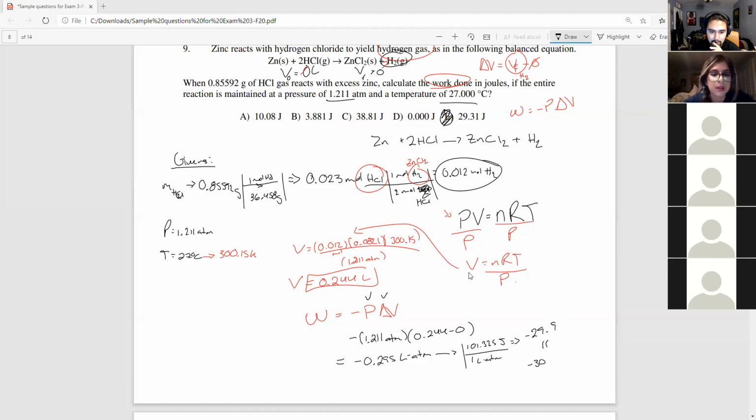Give me a second to look at it. Oh, I see now. It's because it's gases, and the gases matter. Initially HCl is a gas, and afterwards H2 is a gas.